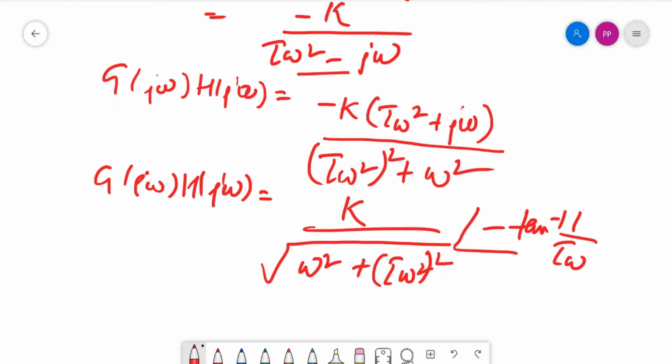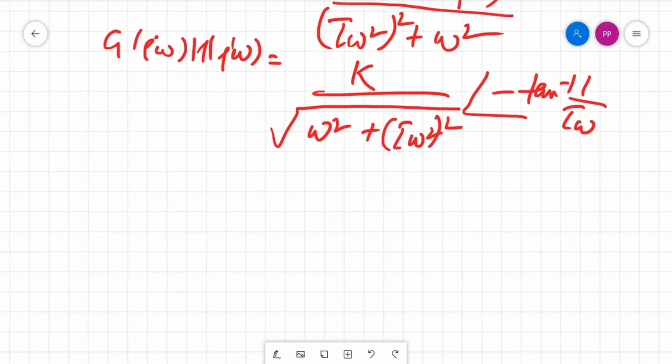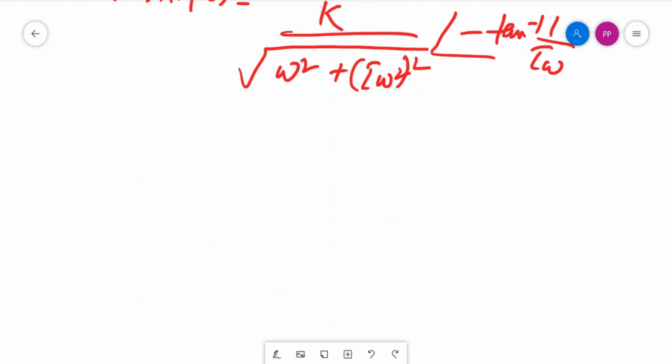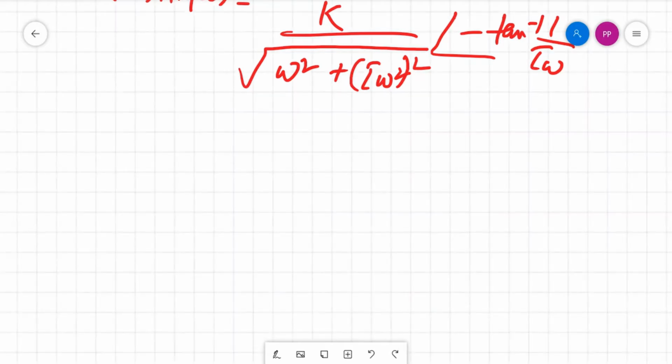So from here we can write the magnitude and phase for omega equal to 0 as well as omega equal to infinity, and in between, if there are some critical frequencies, we should write the magnitude and phase for that frequency also.